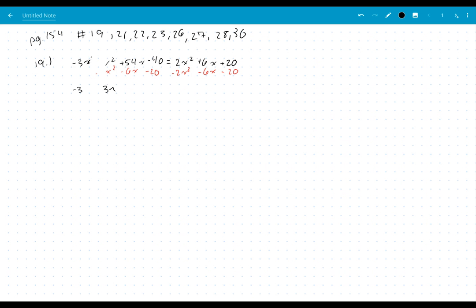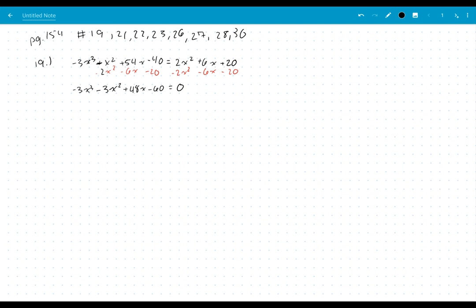Negative 3x cubed plus x squared minus x squared, and then minus 2x. So we have negative 3x cubed minus 3x squared plus 48x minus 60 is equal to 0, right? Because we got rid of the expression on the right side.